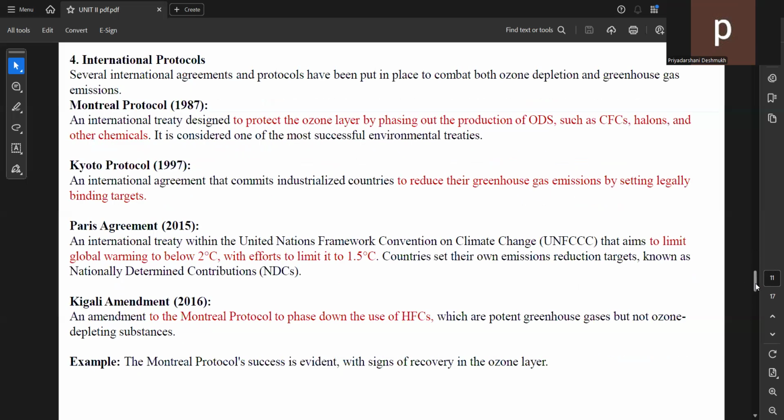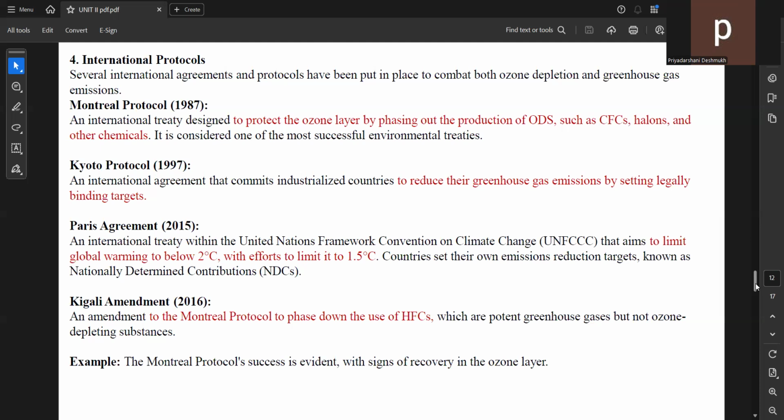Now, the next that we are going to study is the international protocols. There are some international agreements or protocols which are put in place to combat both ozone depletion and the greenhouse gas emissions, so that we can protect our earth and from global warming also.